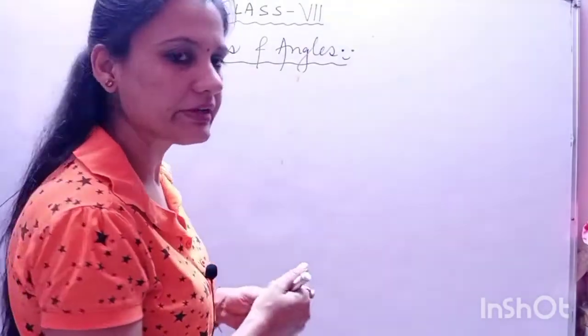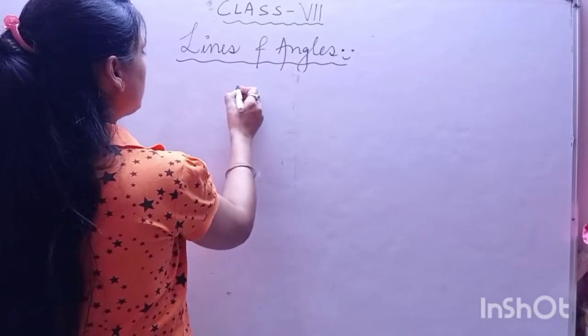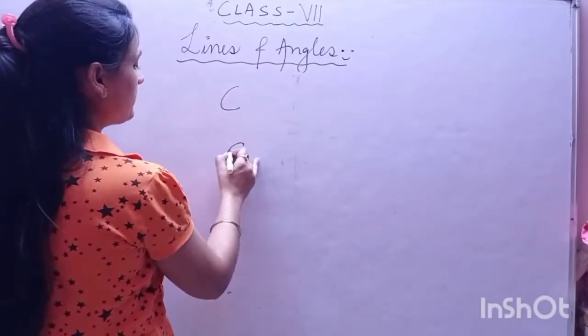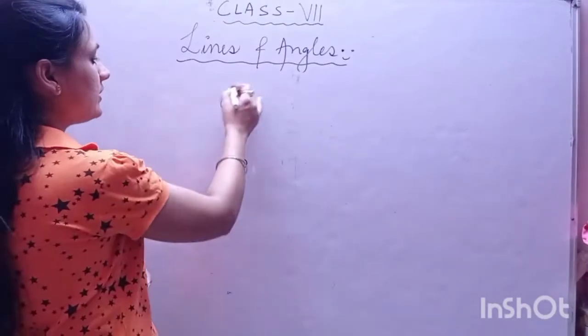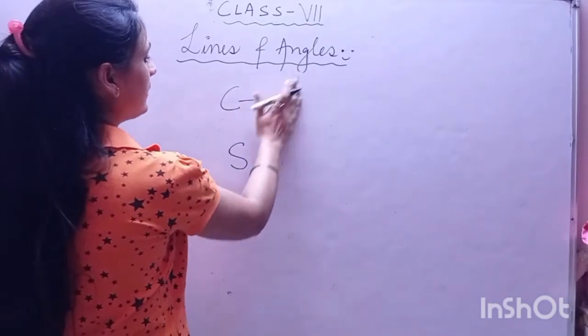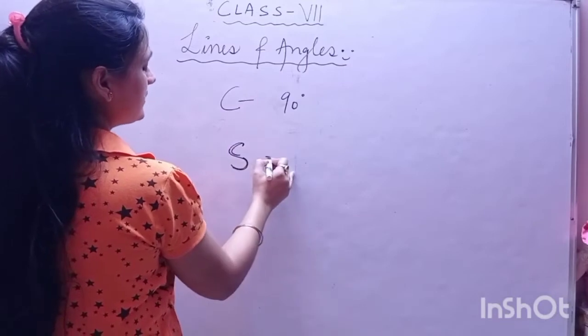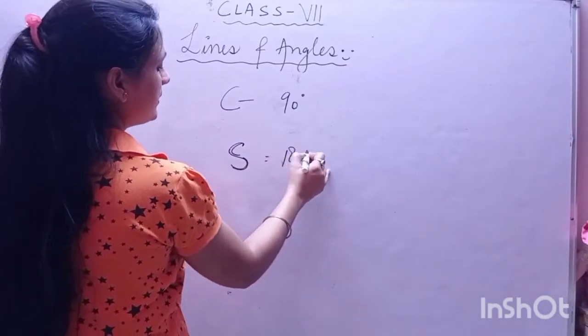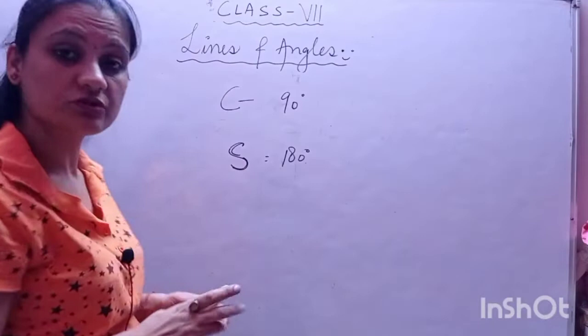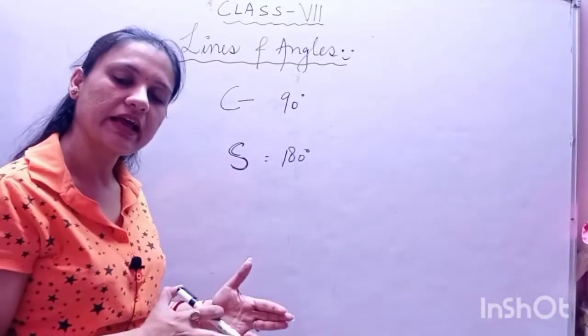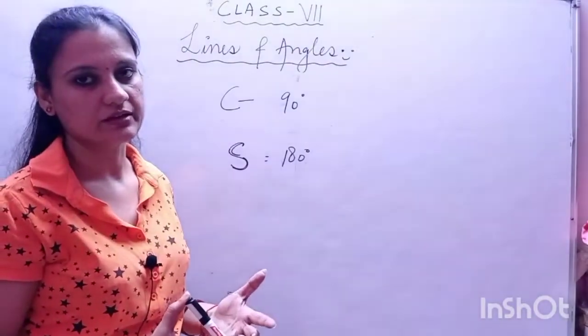To remember it easily, complementary starts from C and supplementary starts from S. So one curve means the sum should be 90 degrees, and two curves means the sum is 180 degrees. I hope you understood complementary angles and supplementary angles, right?